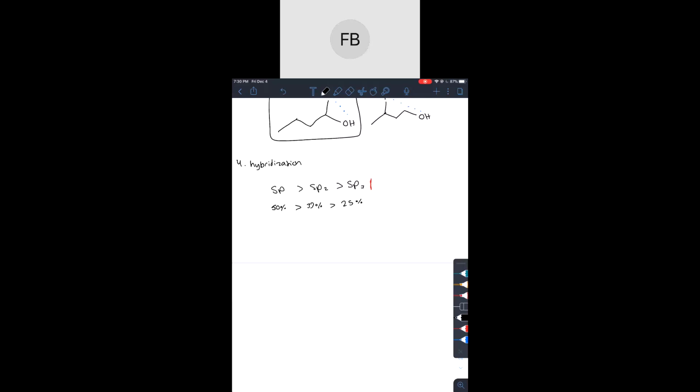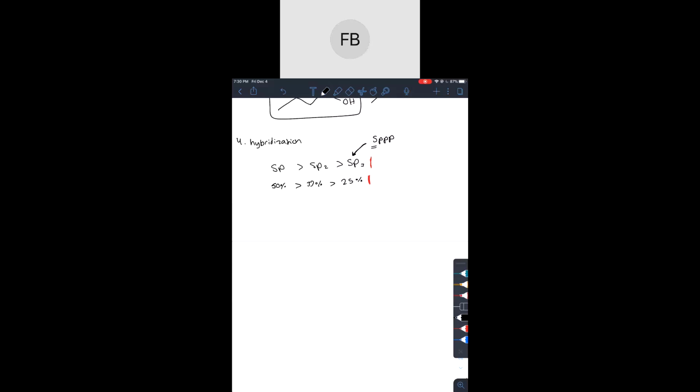I'm getting these from the fact that this one, for example, is an s and 3 p's, so that means this is 25% s. You can think of them in terms of percentages, or just memorize it. But that's the basics of that.